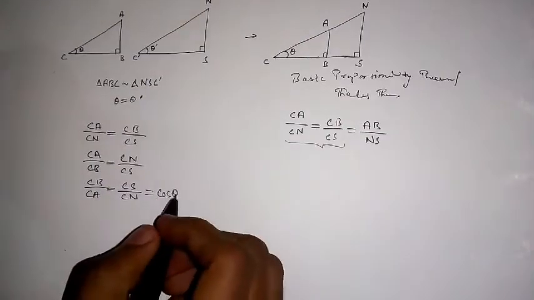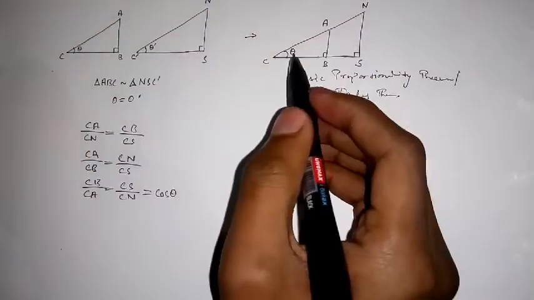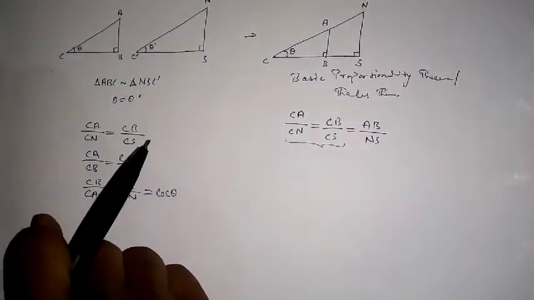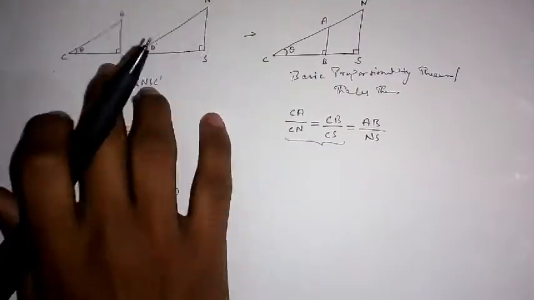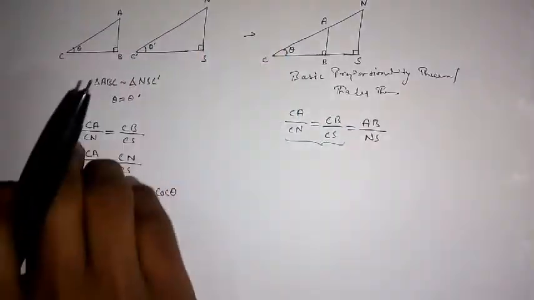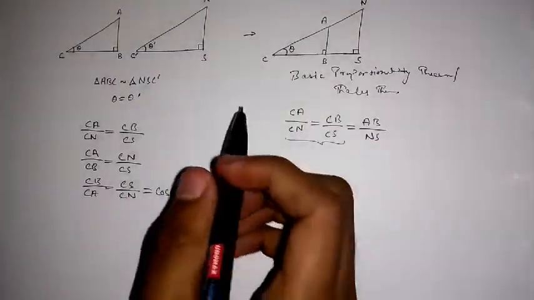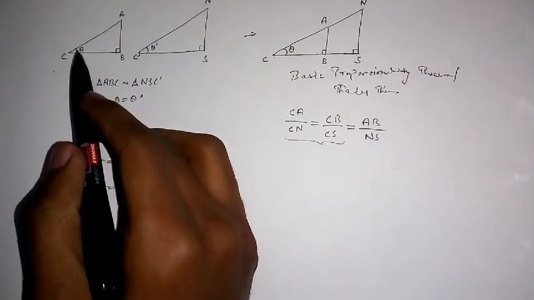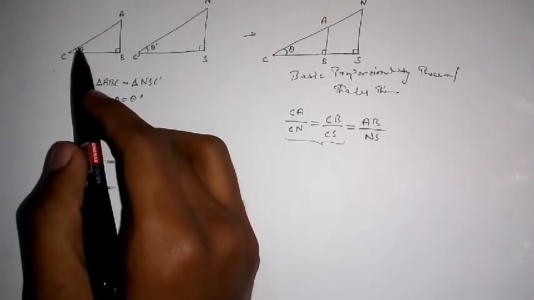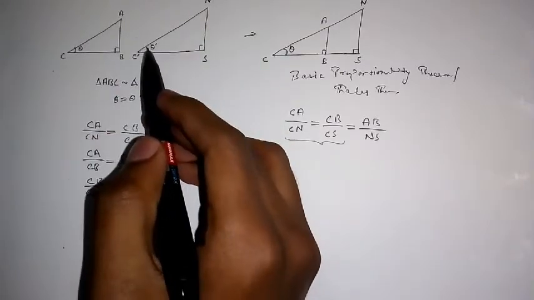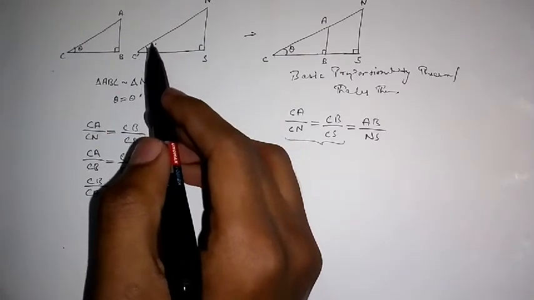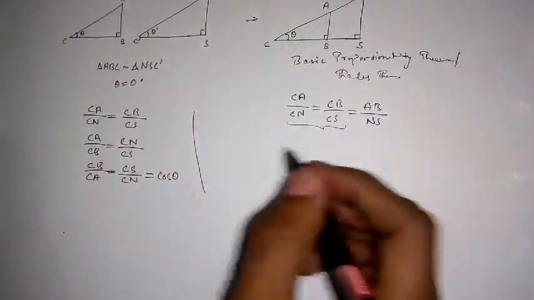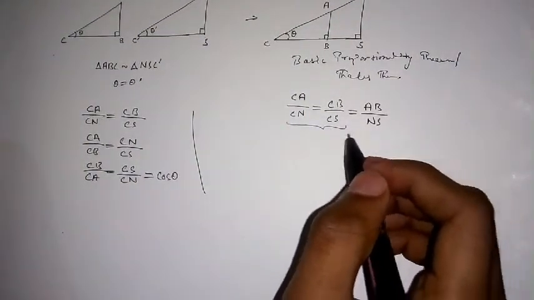So cosine theta will be the same for this smaller triangle as well as for this greater triangle, until and unless the value of theta changes. So the trigonometric ratio of cosine of theta for this triangle is the same as for this angle theta.